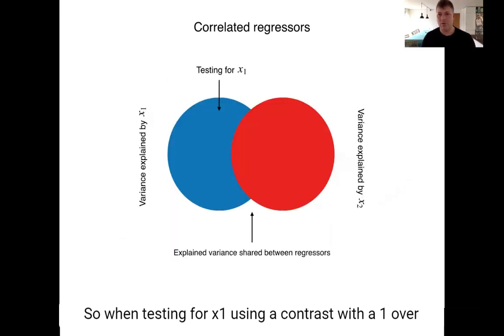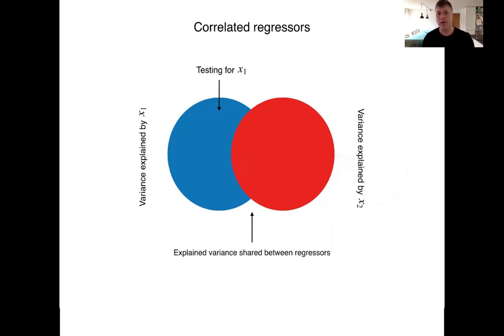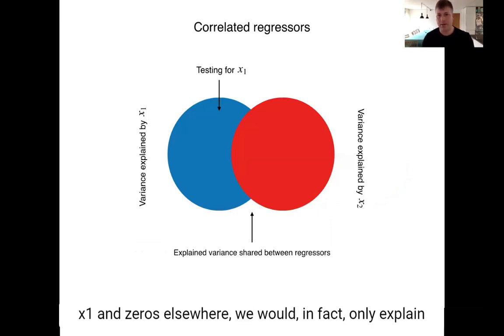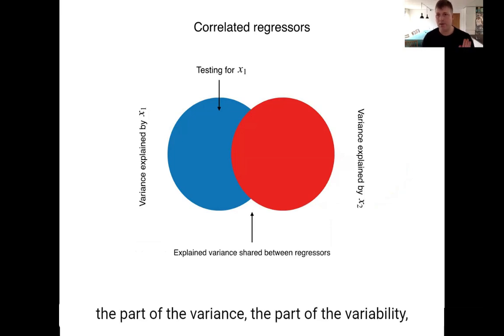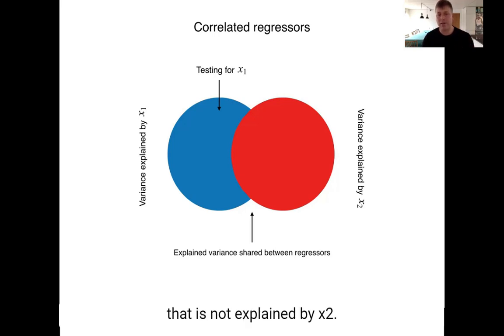So when testing for x1 using a contrast with a 1 over x1 and zeros elsewhere, we would in fact only explain the part of the variance, the part of the variability that is not explained by X2. So that would not be the full space or variance explained by X1.